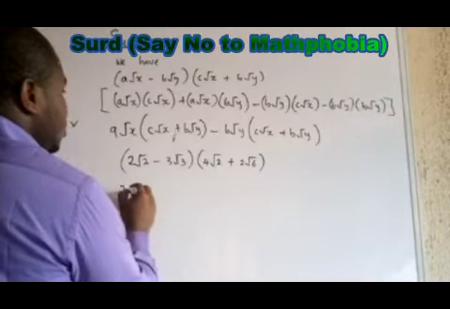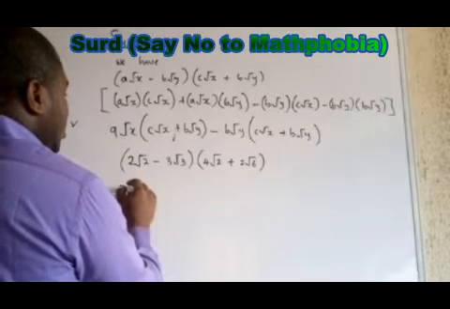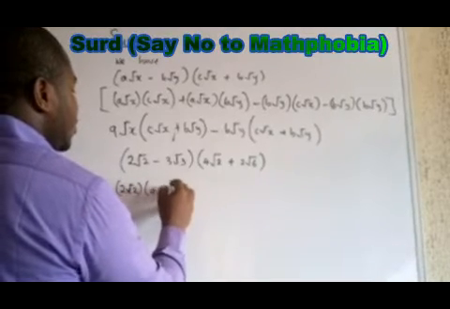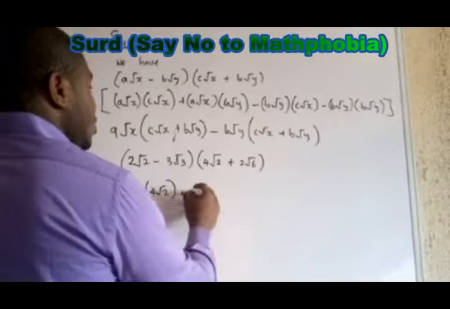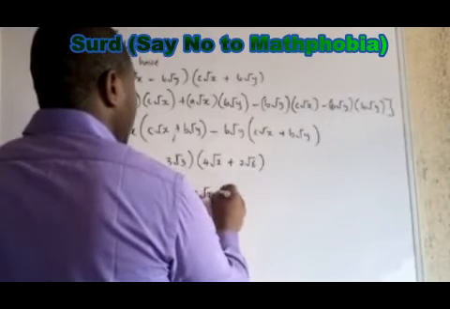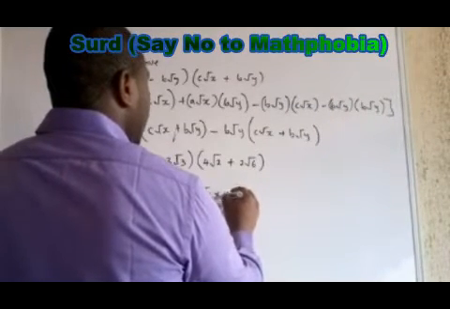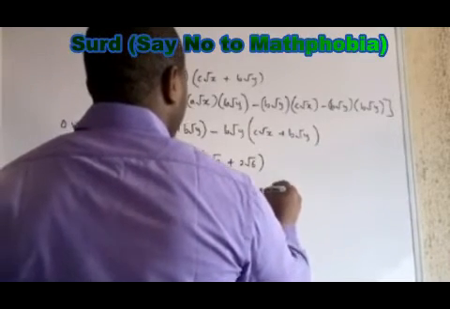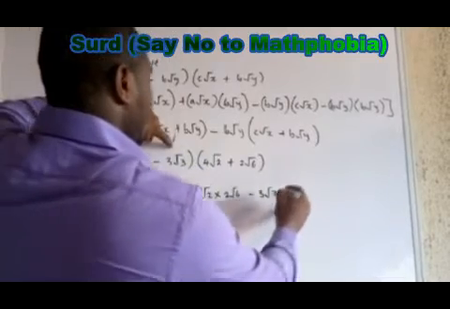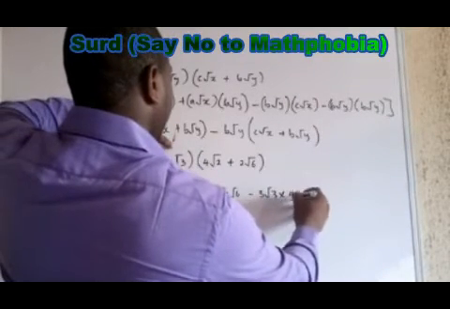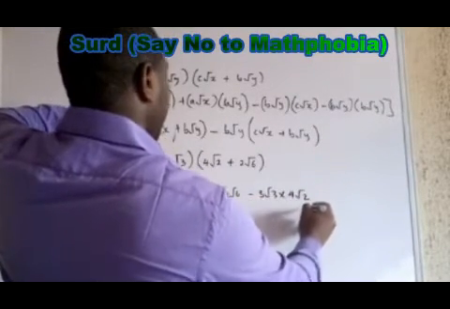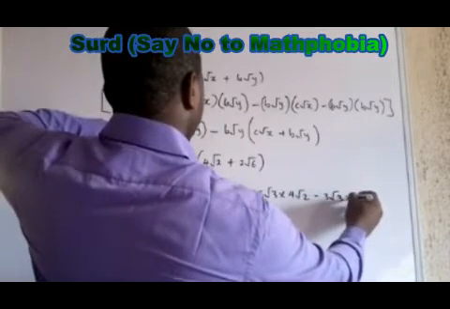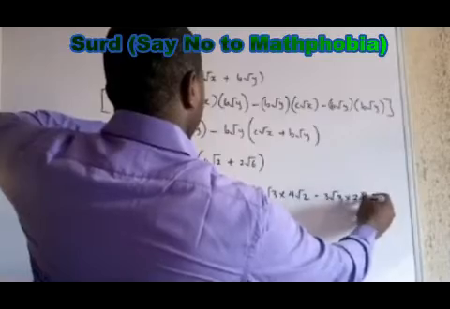You have 2 root 2 multiply 4 root 2 plus 2 root 2 multiplying 2 root 6. You have minus 3 root 3 multiplying 4 root 2 minus 3 root 3 multiplying 2 root 6.